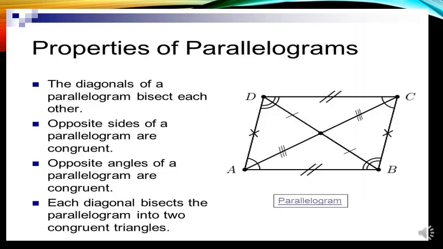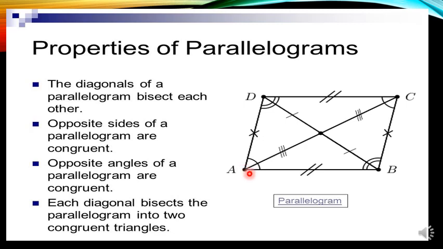So what is a parallelogram? A parallelogram is a quadrilateral in which opposite sides are parallel and equal to each other. So what are the properties of any parallelogram? The diagonals of a parallelogram bisect each other. Here you can see the diagonals of the parallelogram are DB and AC. They bisect each other.